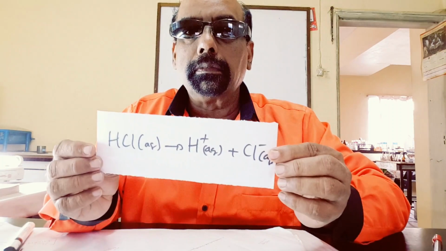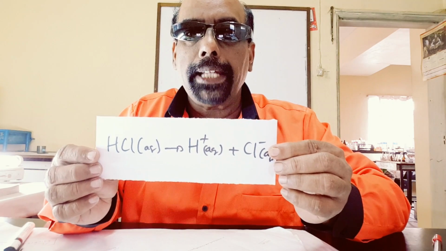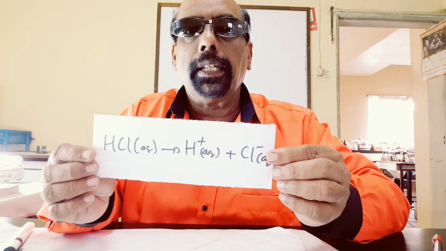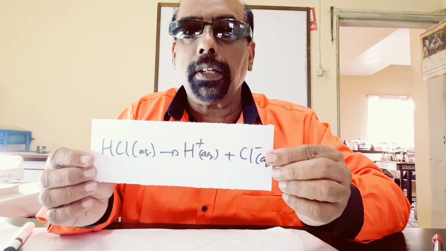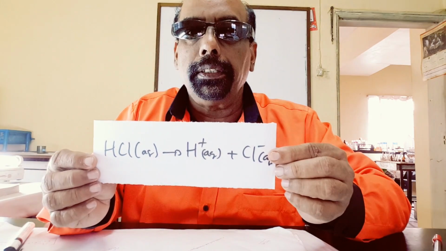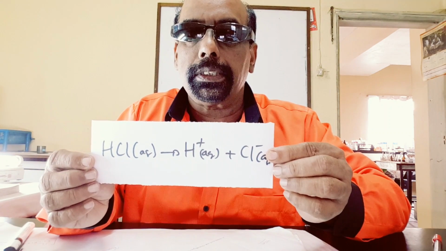Acids, when dissolved in water to form solutions, contain ions. Hydrochloric acid, HCl, produces H plus ions and Cl minus ions. These are aqueous ions. These ions conduct electricity.